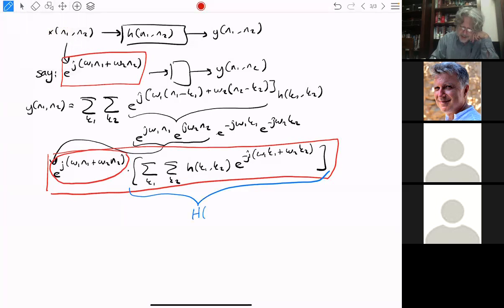Yes, this is H of omega 1, omega 2. It's therefore the 2-dimensional Fourier transform, 2D discrete time Fourier transform. It is discrete time, therefore it's the discrete time Fourier transform.